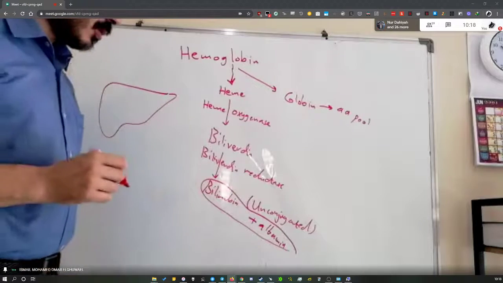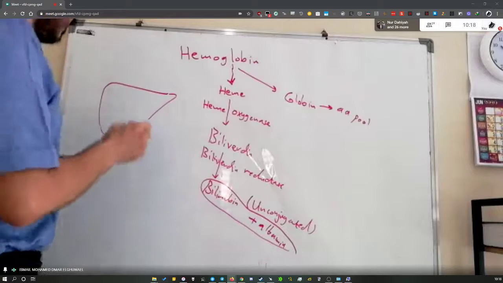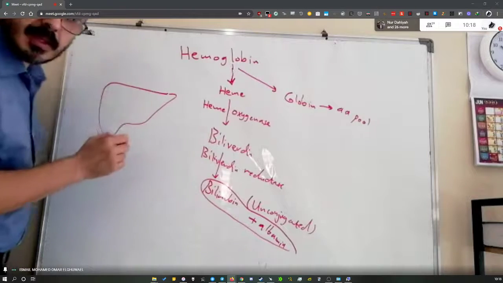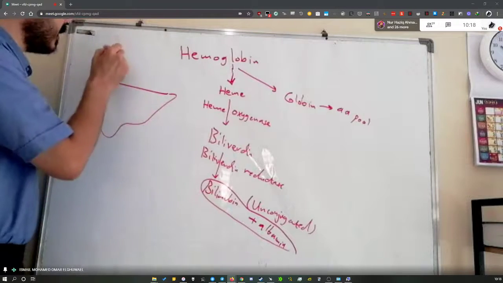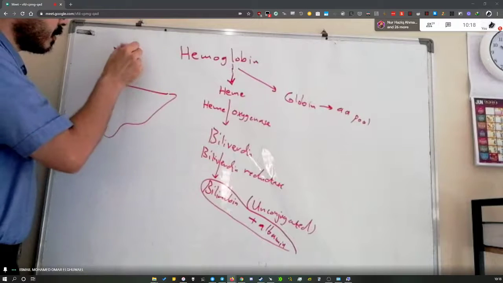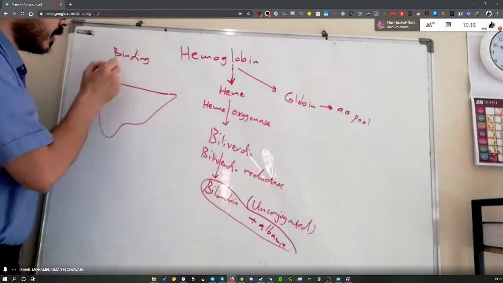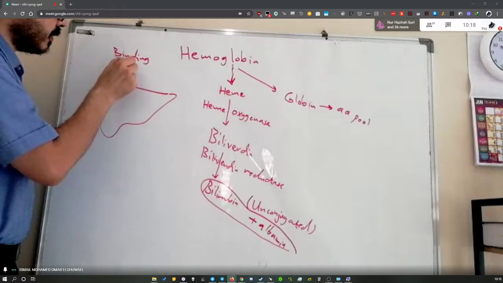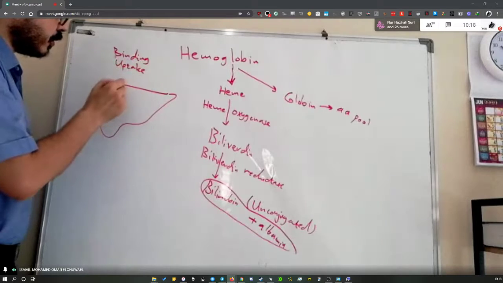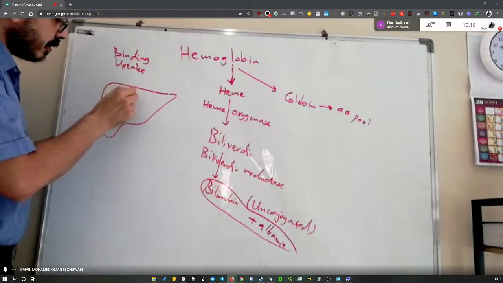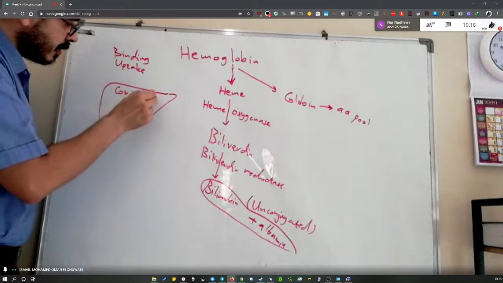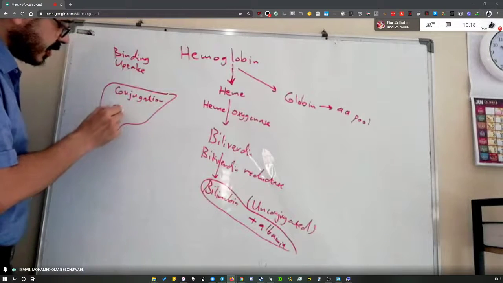In the liver, we have 4 steps: binding, uptake, conjugation, and excretion.